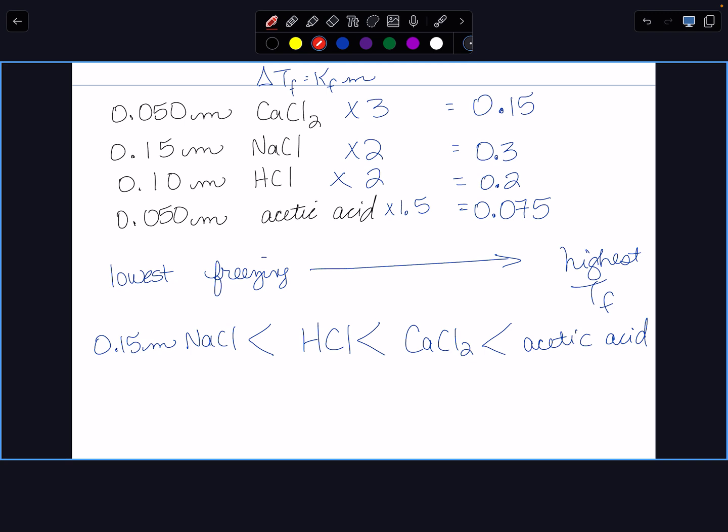That's freezing point right there. If we did boiling point, I changed what I said: highest boiling point to lowest boiling point. I changed the words lowest and highest when I was talking about it. You had it right.